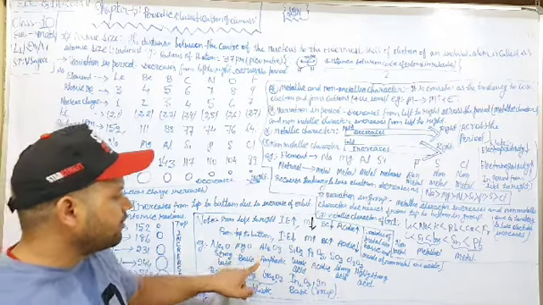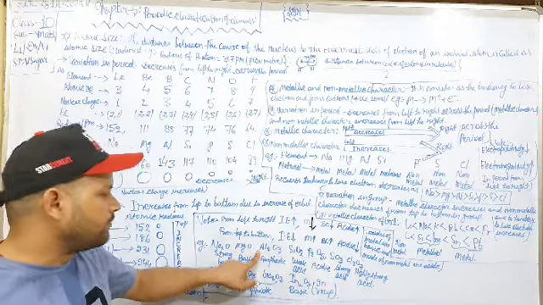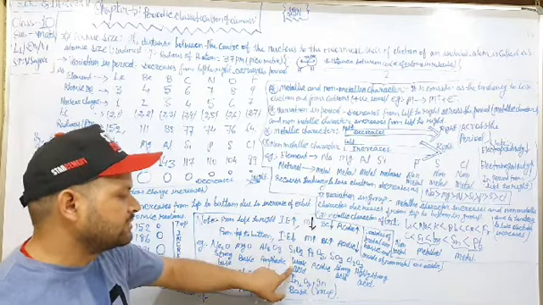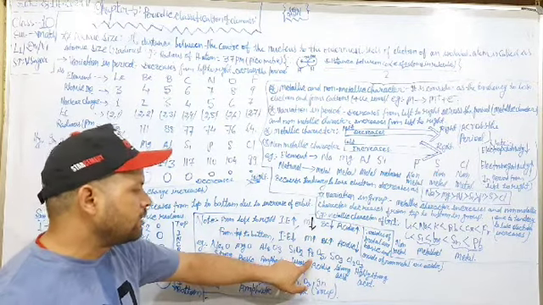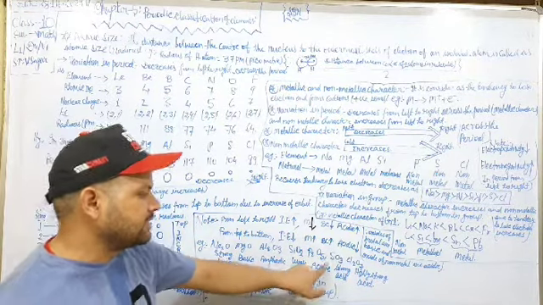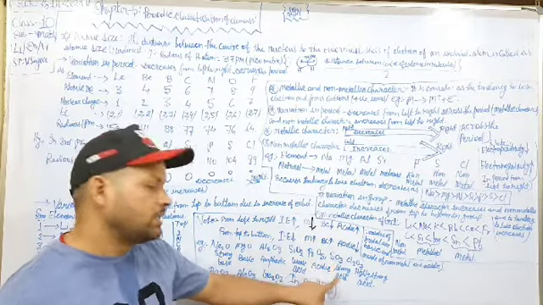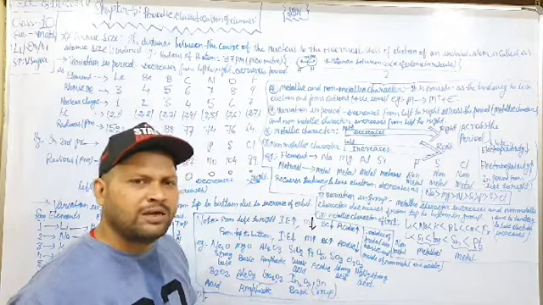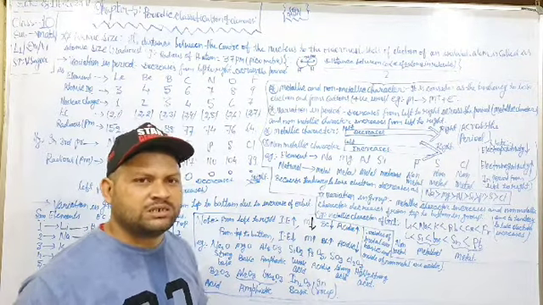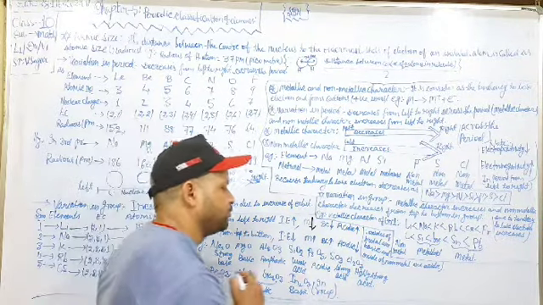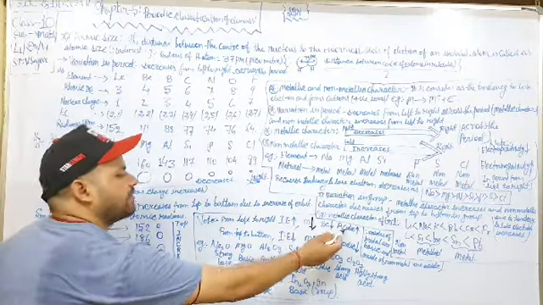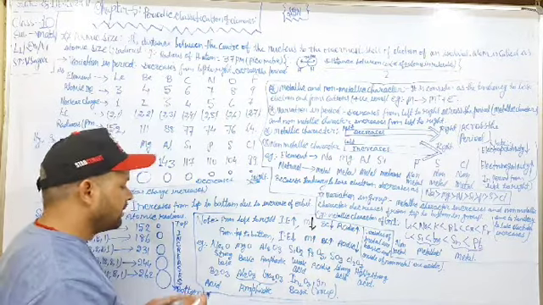In the same way, the oxide of aluminum is amphoteric, and the oxide of silicon is a weak acid. The oxide of phosphorus is acidic. The oxide of sulfur is a strong acid, and the oxide of chlorine is a highly strong acid, because acidic properties increase from left to right, as I have given in this table.